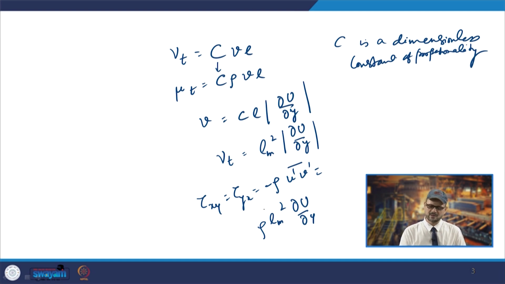So, mu t will be rho into nu t. It will be this term, and then you will have the dou u by dou y. This dou u by dou y has been kept in mod because the velocity has to have the positive value, so that is why it has been taken as the mod value.